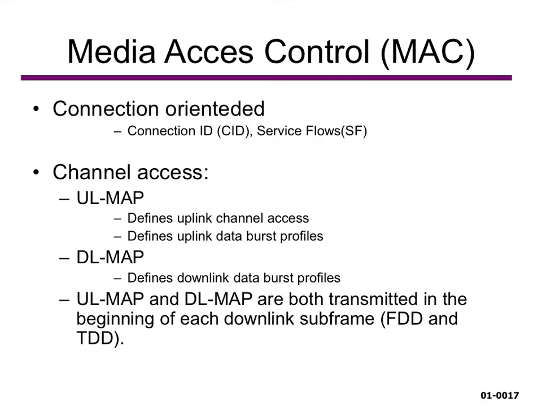Again, the actual assignment that can provide performance guarantees is not part of the standard. But the channel access mechanism facilitates the fact that, through having different assignments in this UL map or DL map, you can provide different quality of service guarantees to different nodes. Okay?